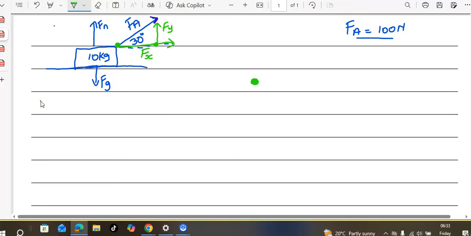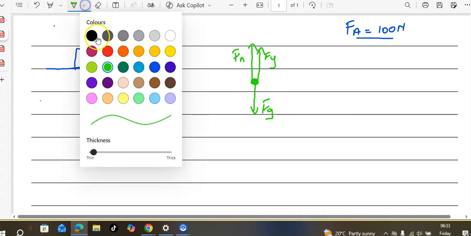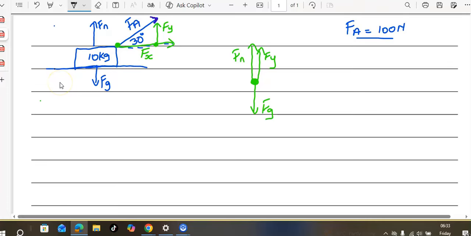So how many are going up? 2, which is the Fn and what else? Fy. Then where is Fg going? Down. Exactly.